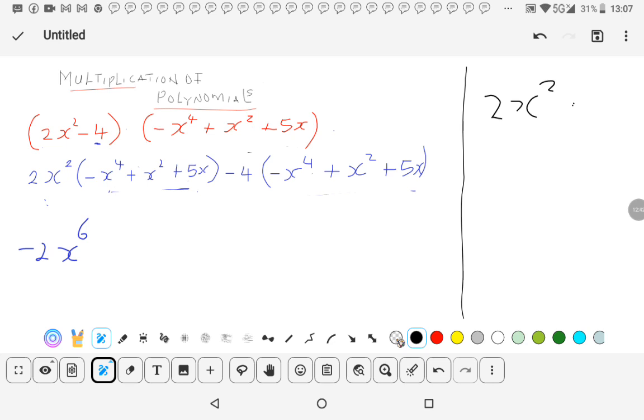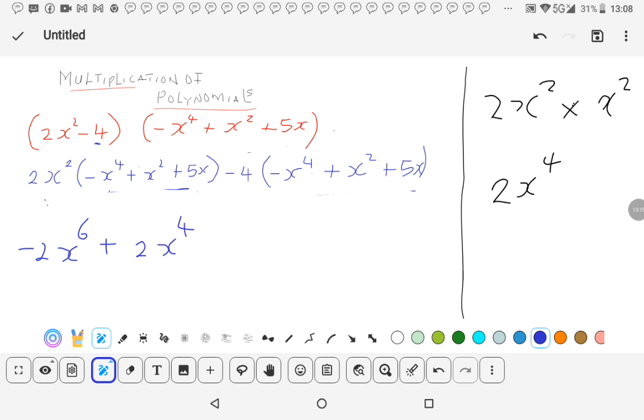Again, you multiply them and add the powers. So this one will give you 2x raised to the power of 4. Take note of the sign. So this will be plus 2x raised to the power of 4.